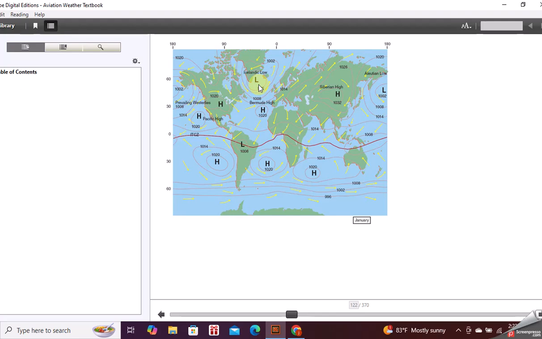That's why we get a lot more storms in our wintertime. Big high pressure, Bermuda high sitting out over the Atlantic, and another one down over the Pacific. And with that, we have a lot of west to east winds across the U.S. Very typical.